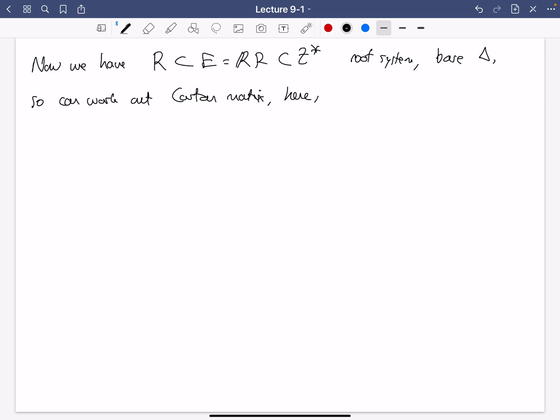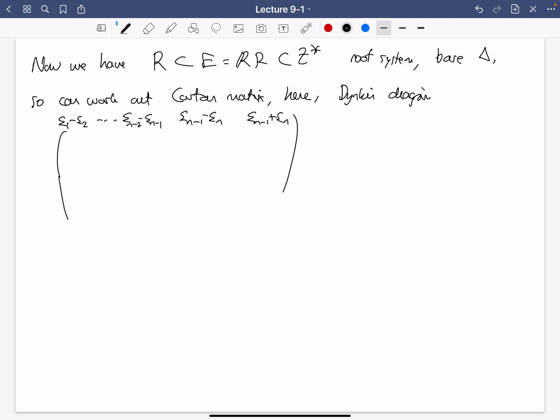Hence, we can work out the Dynkin diagram. So let me do it. I'm going to just write in my base here. So it goes epsilon n minus 2 minus epsilon n minus 1. I need a bit more room. And then epsilon n minus 1 minus epsilon n, and epsilon n minus 1 plus epsilon n.